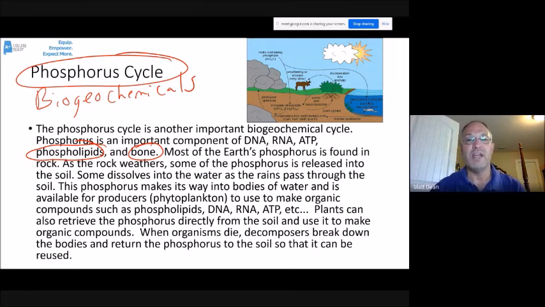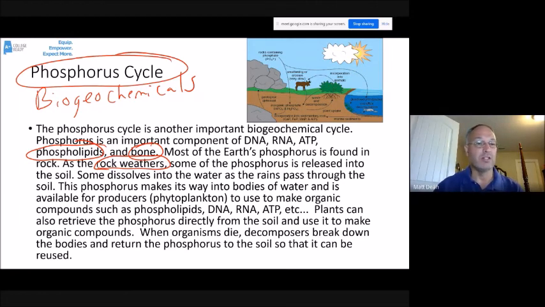Well, the way that phosphate is made available to life is through weathering. So rocks will weather; water, wind, and rain eventually break down the rocks. Some of that phosphate or phosphorus is released into the soil. It moves through the soil with the water.